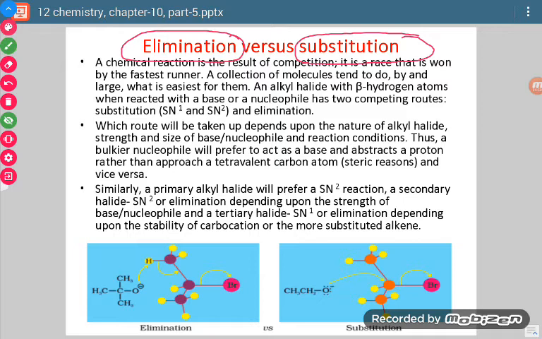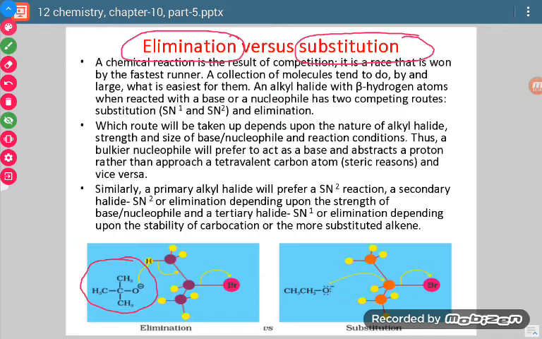If the group which is coming towards the alkyl halide is tertiary, then it will be a bulkier group, and this will lead to elimination reaction, because elimination will occur easily.